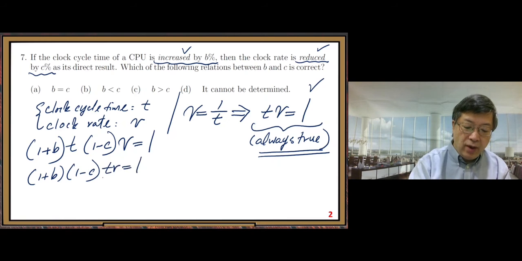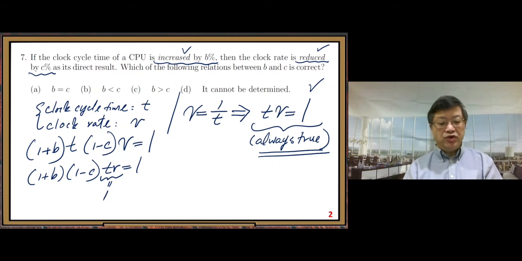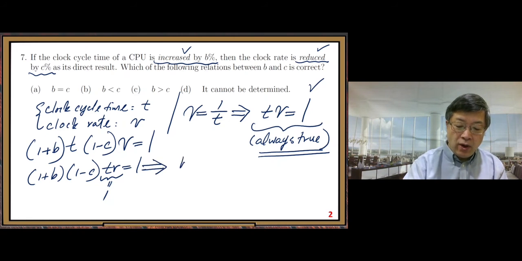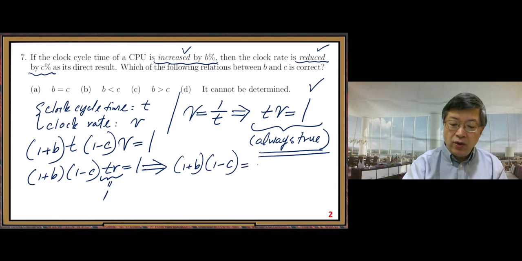TR itself equals 1, so we can get 1 plus B times 1 minus C equals 1.